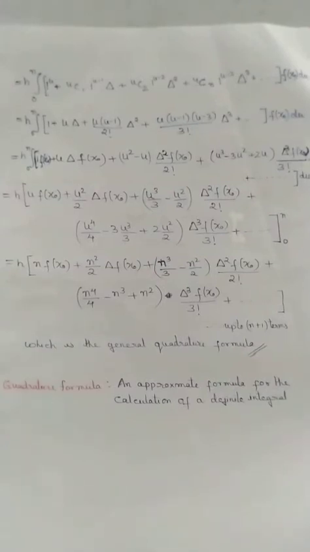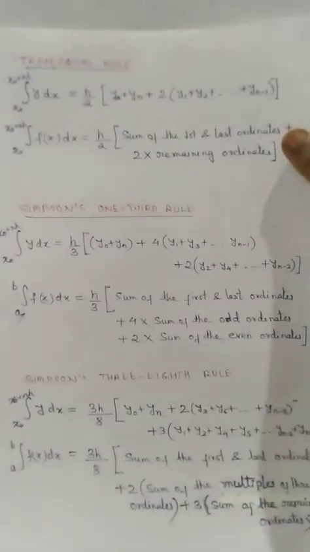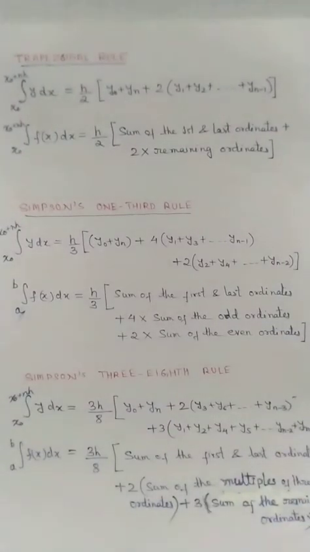By assuming f(x) as a polynomial of degree 2 and neglecting all differences of order higher than 2, we get Simpson's 1/3 rule. By assuming f(x) as a polynomial of degree 3 and neglecting all differences of order higher than 3, we get Simpson's 3/8 rule.